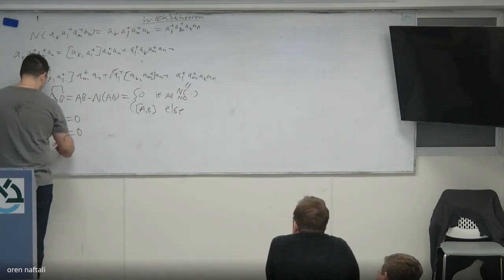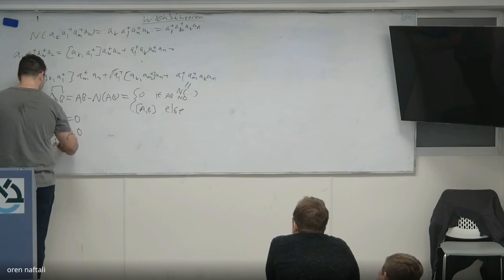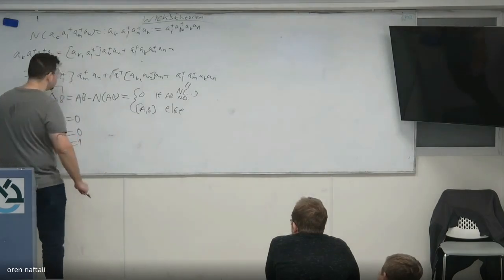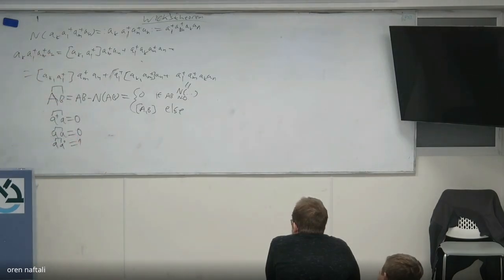And of course, we have to do one that's A with A dagger, as a commutator. What is it equal to? It's a real boson, so 1. That means fermions would all. In fermions, it's a bit more complicated.